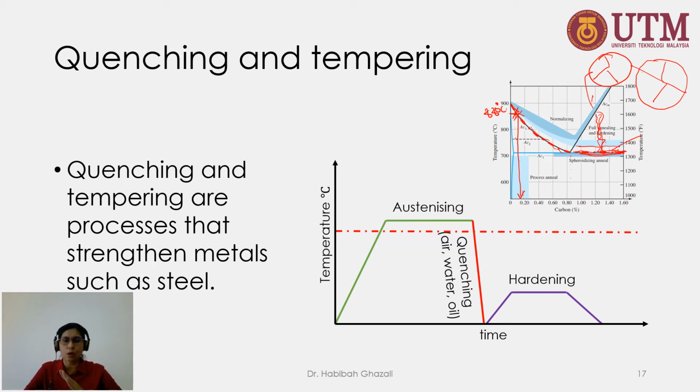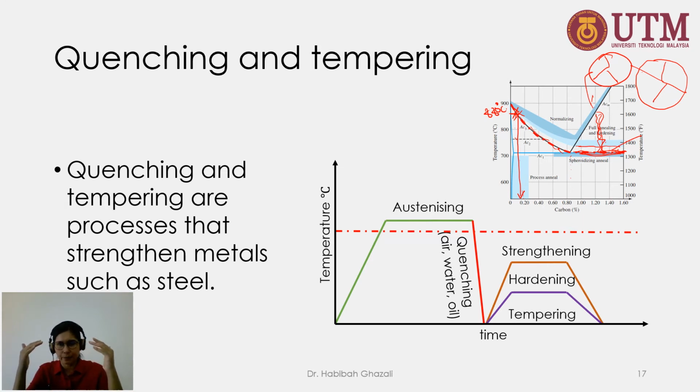So depending on what you want to achieve, you can temper them to a different temperature. So the tempering process is done by heating the materials below the austenizing temperature. So we heat it up again in the second step. So depending on what we want to achieve, we can temper at different temperatures. So that is the tempering process.